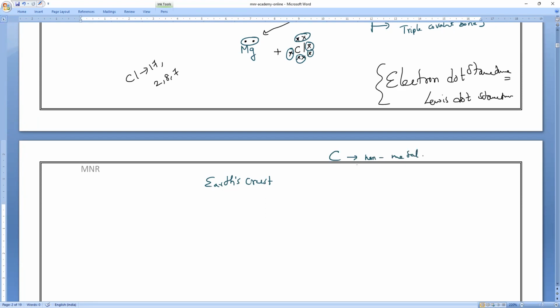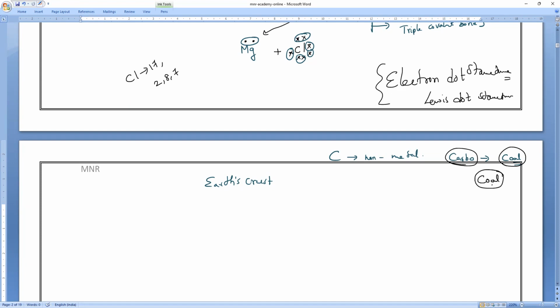And the word carbon is derived from a Latin word, carbo, which means coal. That is where the carbon word has been taken from, carbo, a Latin word. So why has it been taken from carbo? Because coal is, what is the main constituent of coal?